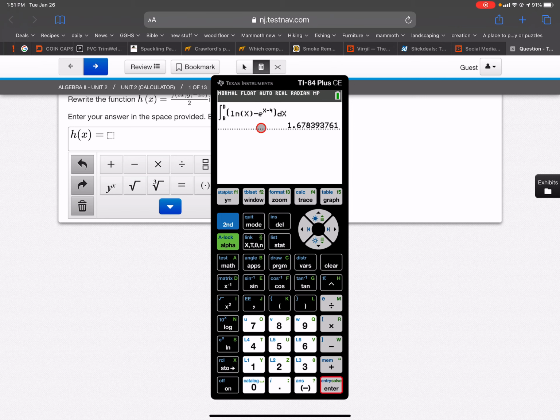Let me double check my b and d. Let's do alpha b. Okay, that looks right. And let's check my d. That looks right. I'm not sure why this answer's coming out different, but I'm going to go with it.